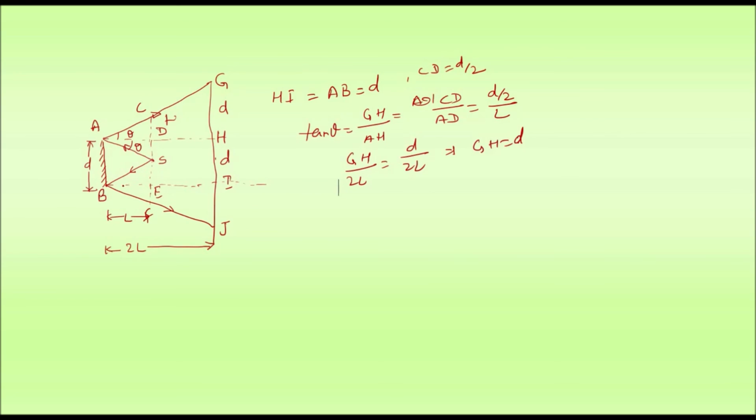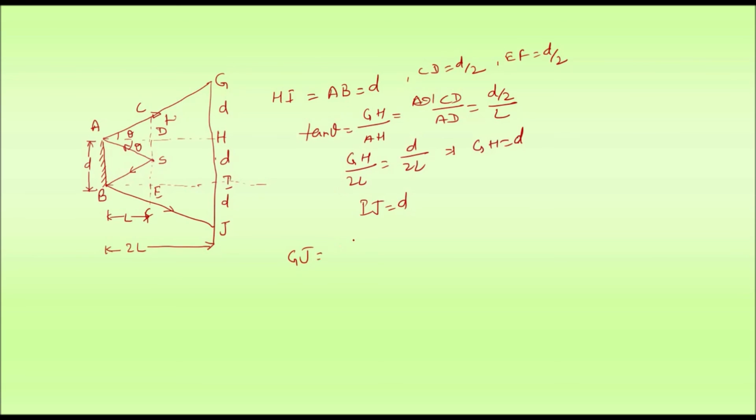Now if you consider this triangle BIJ and do the similar exercise, as you know that EF is equal to d by 2, and if you do the same exercise, then you get IJ is equal to d. So IJ is equal to d, GH is equal to d, and HI is equal to d.